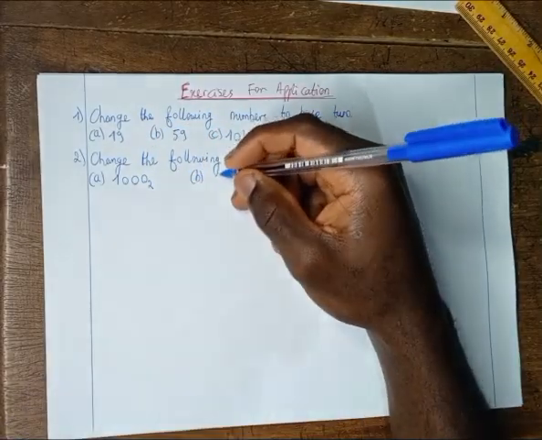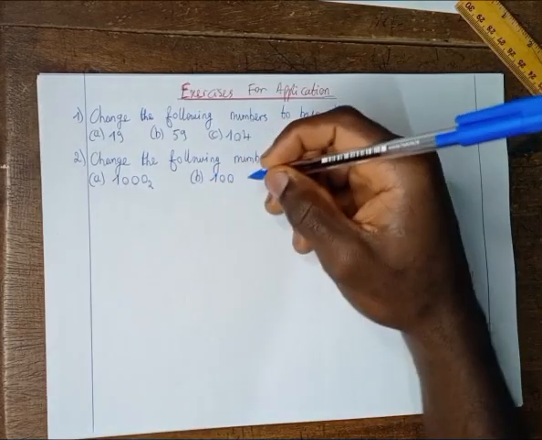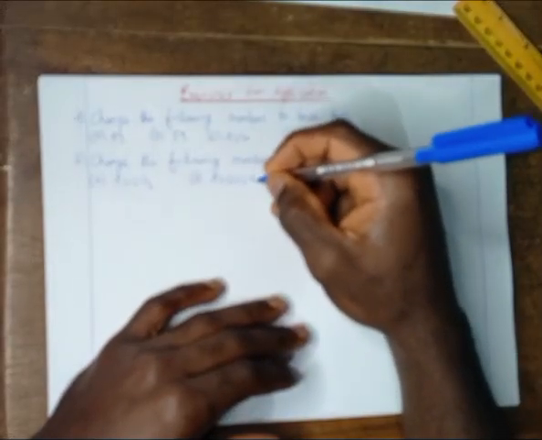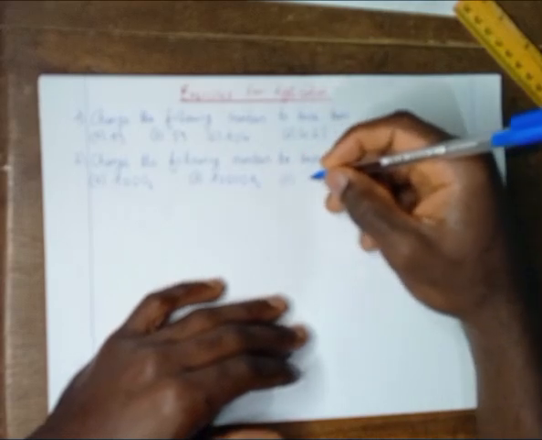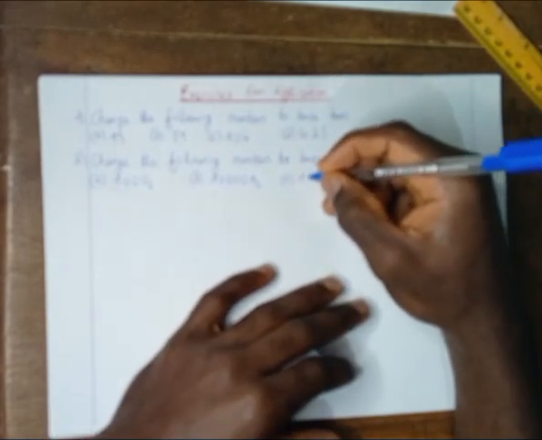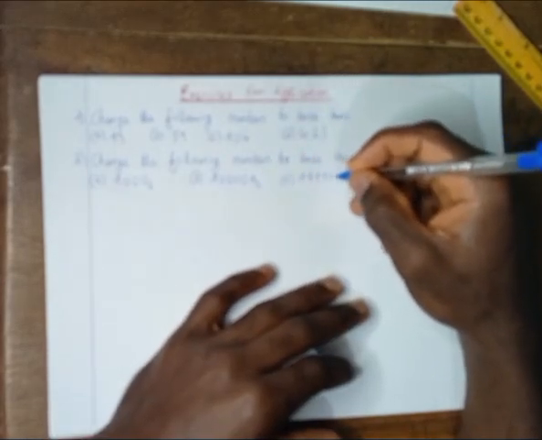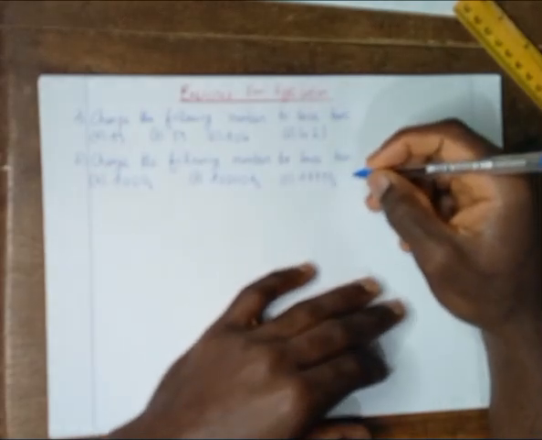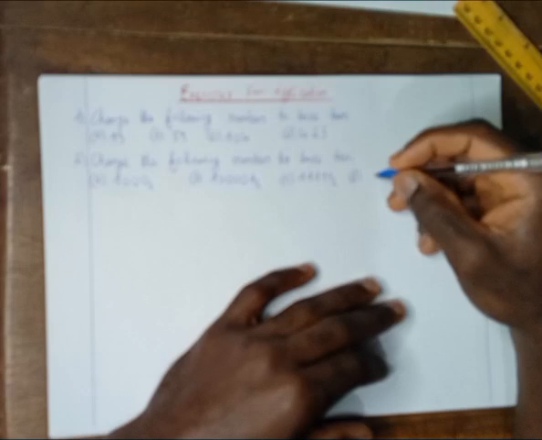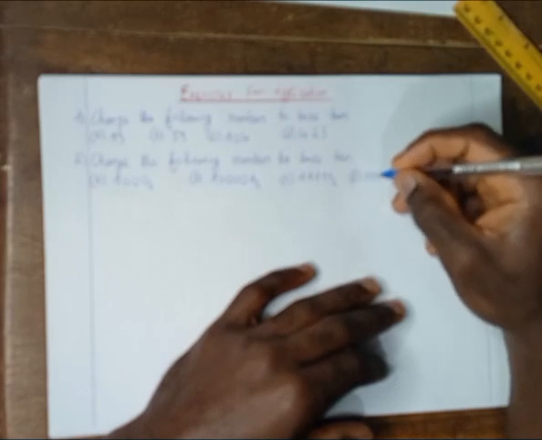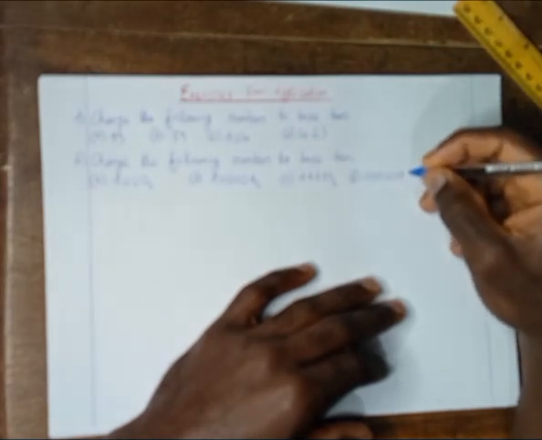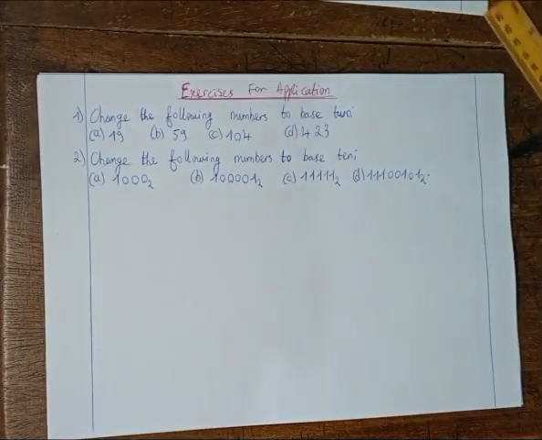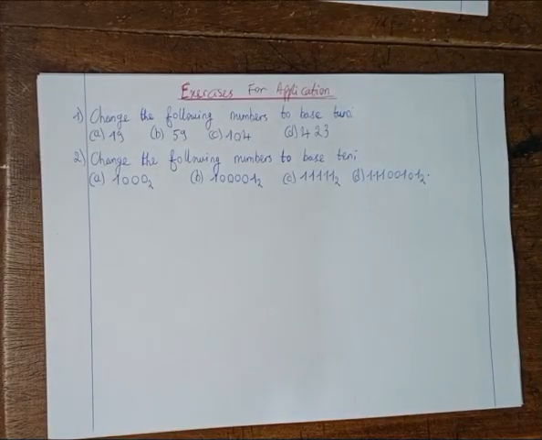B, we have the number 1001 base 2. C, take the number 1, base 2. D, 1, base 2. So these are the exercises for application we have on this.